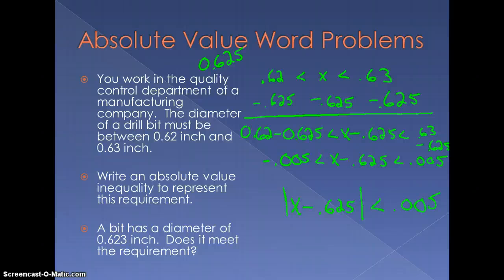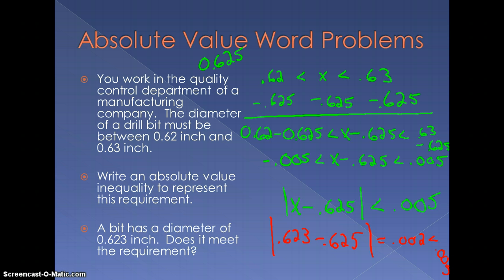Now a bit has a diameter of 0.623. Does it meet the requirement? We can check by substituting it in for x. 0.623 minus 0.625 has an absolute value of 0.002, which is less than 0.005.